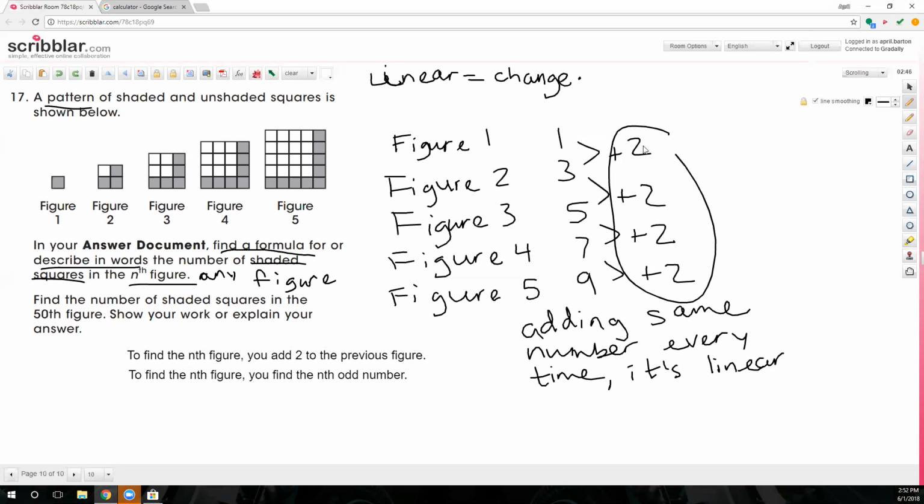Multiplied by, usually we just say x, whatever variable we want to use. In this case, they did say the nth figure. So our amount of change, we're going to say times n in this case, because they told us to use the letter n, plus the starting amount.